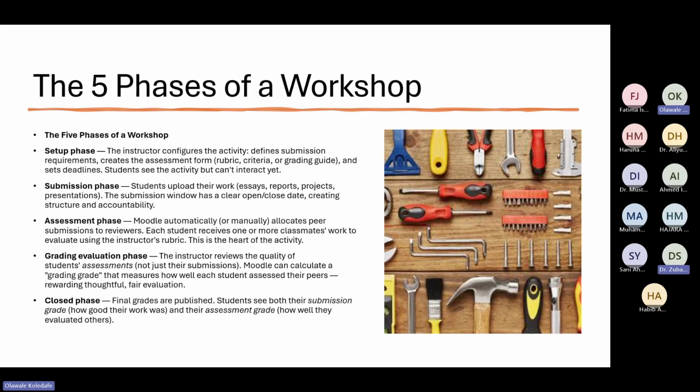Then the next phase is the grading evaluation phase. So the instructor reviews the quality of students' assessments, not their own submission now, but what they have assessed. So Moodle can calculate the grading grade, which measures how well each student assesses their peer.